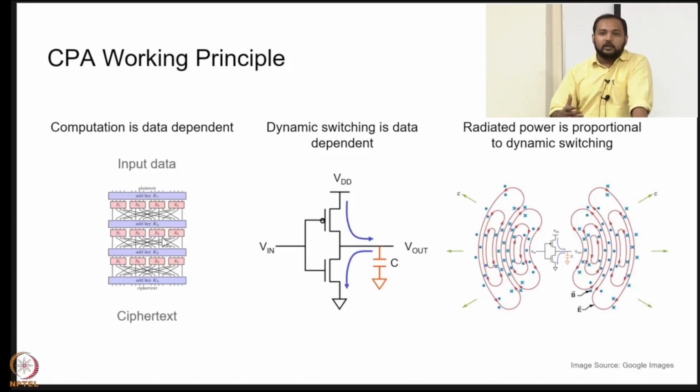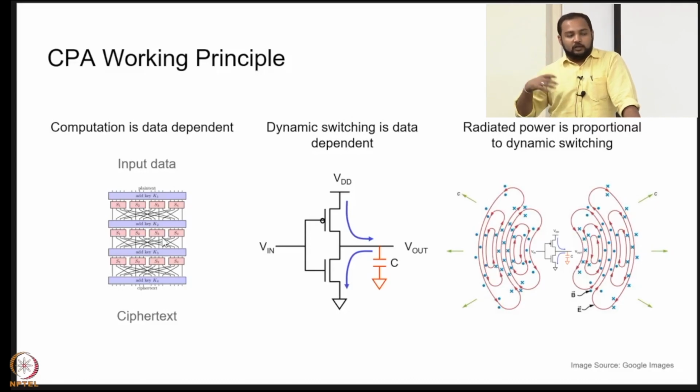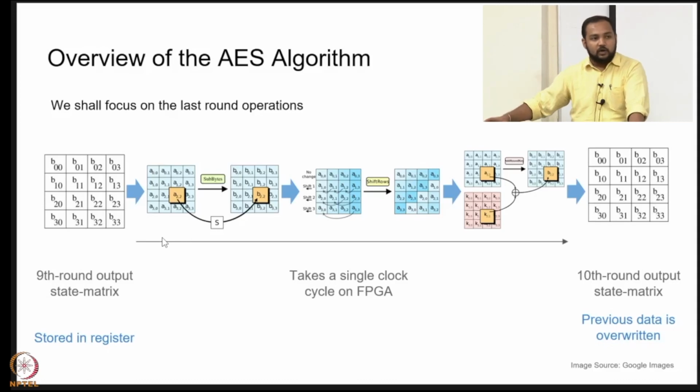So when we target doing CPA on an implementation, suppose we have an FPGA implementation where we have implemented AES, we generally target the 9th round, or rather the 10th round, where the data is being stored onto the register. In this step, the 9th round output will be stored onto a register, and then the ciphertext will just be given as the output.